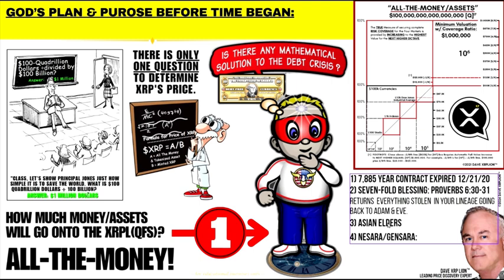Gold comes from deep, deep, deep within the center of the earth, and it replenishes itself, just like oil does. So God knew what it was going to take to buy back our freedom, to buy us out of debt, to buy the entire human population out of debt. And he chose the Asian elders, the white dragon family, to be the keepers of all of that until the described time, which is now.